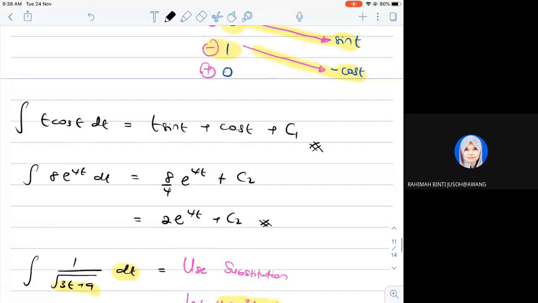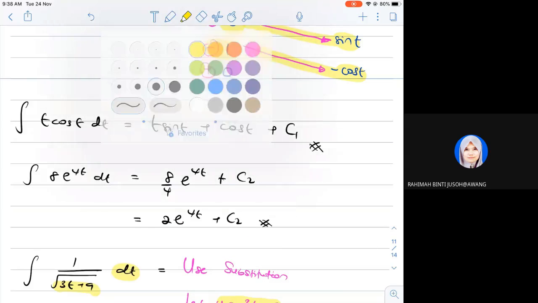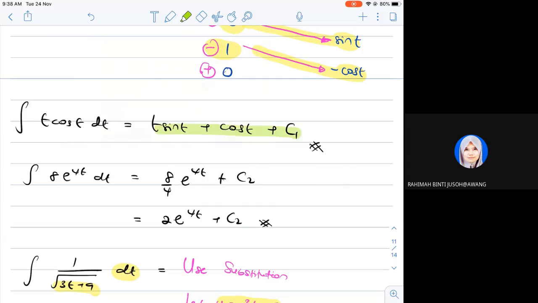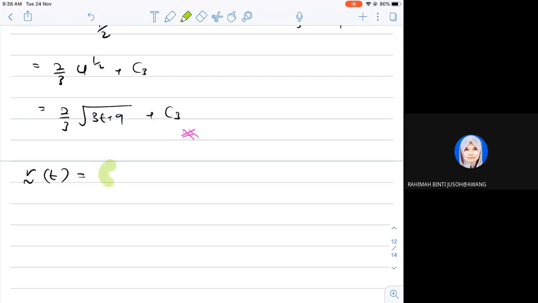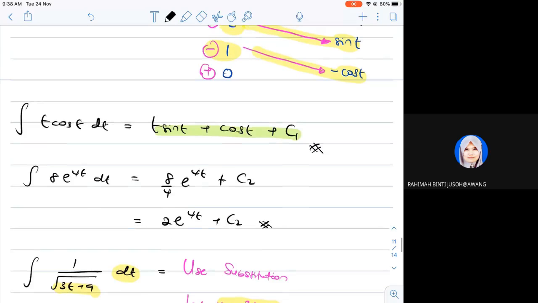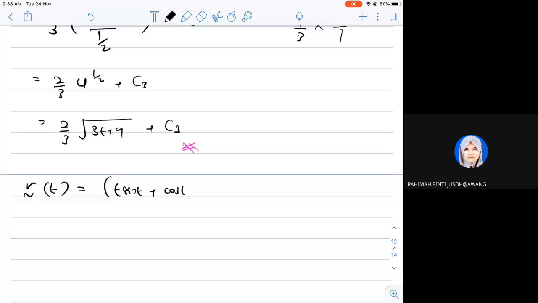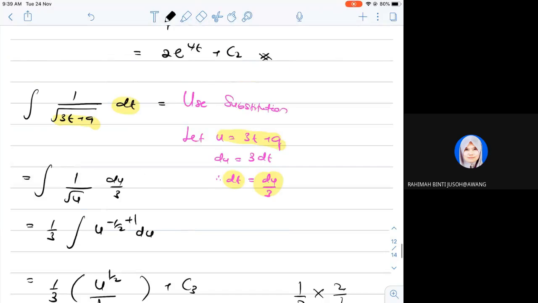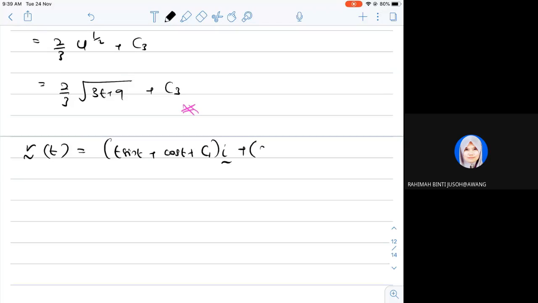The first one is this component, t sin t plus cos t plus C1 i, and then plus the second component, e to the power of 2t plus C2 j, and then plus the third component 2 over 3 square root of 3t plus 9 plus C3 k. Alright.